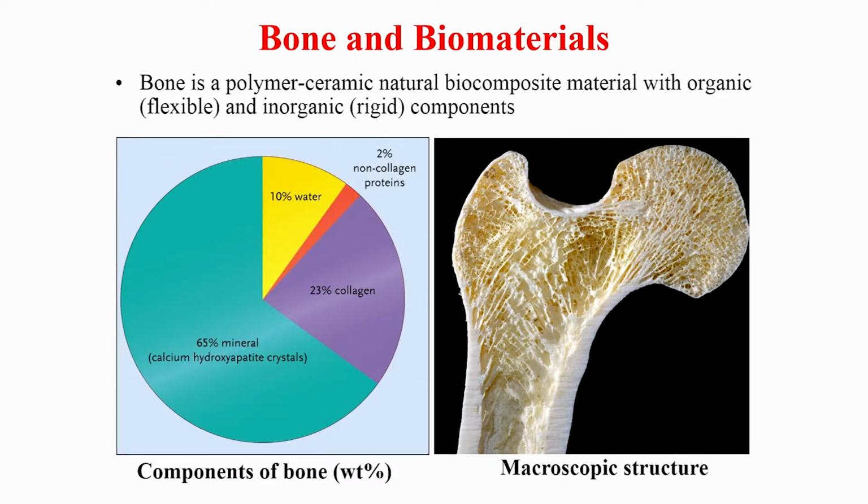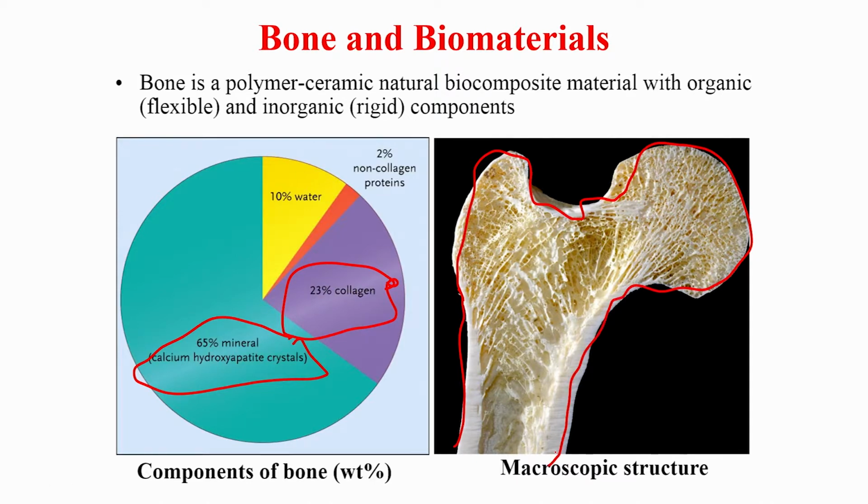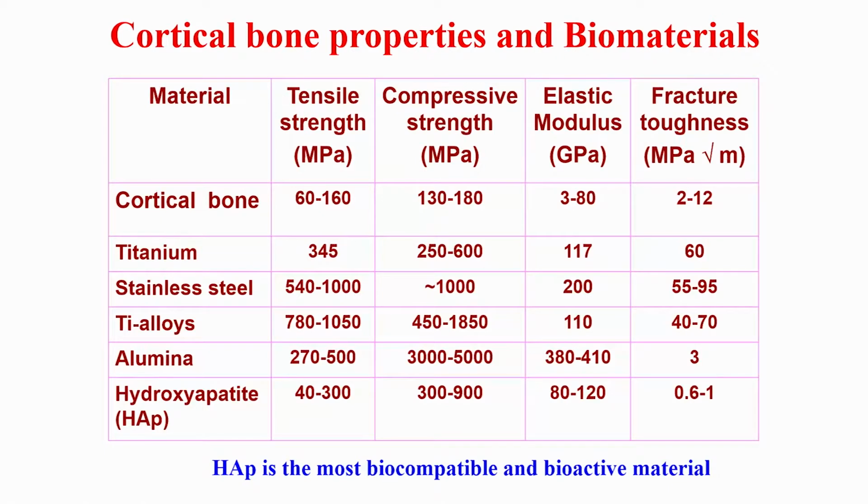Out of this bone, 65% is mineral, that is calcium hydroxyapatite crystals, and 23% is collagen. Okay? The rest are other materials. It is important for you to realize that bone has a very complex structure.